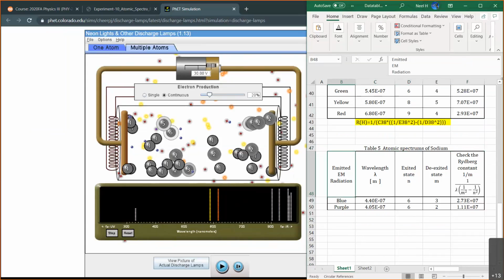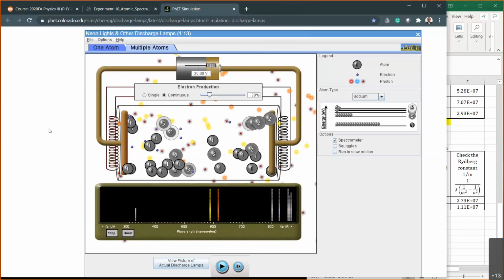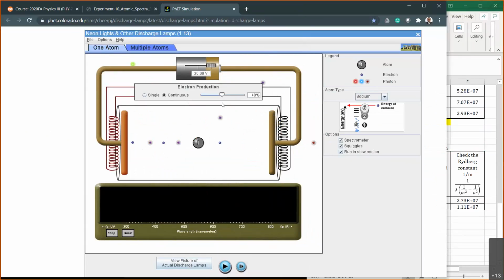Okay, any question? All right, so let's take a look at sodium. Go back to the one atom system and continuous. The production rate you can keep a little bit higher, then it's going to be a little bit faster.